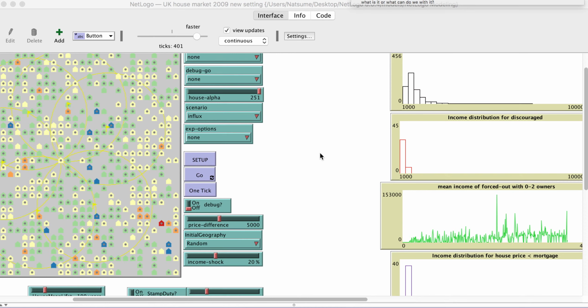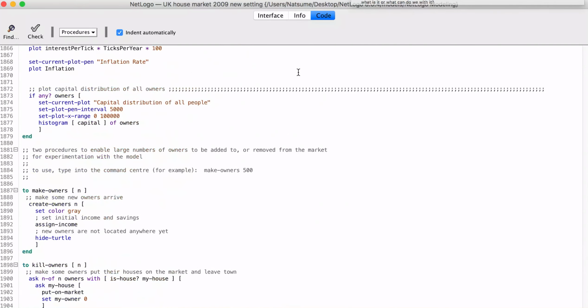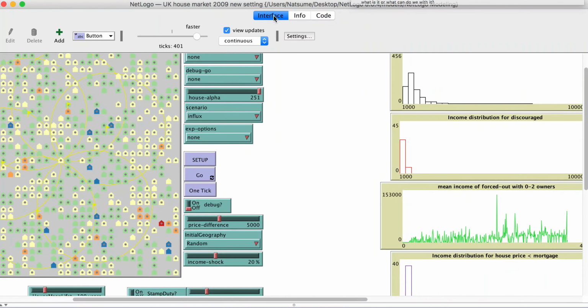Finally, this model is complex. There's an enormous amount of code here, and there are multiple agents involved. How do we know this model works as we expected? Well, we have to verify it with well-observed complex phenomena.